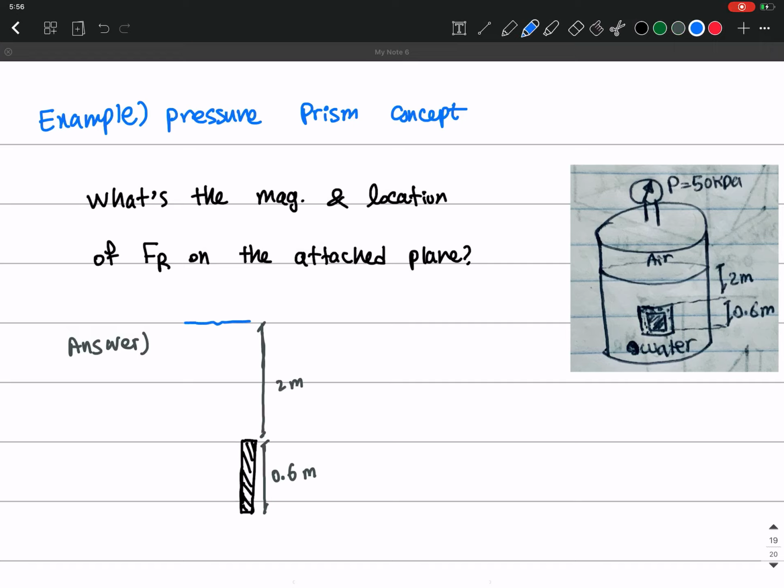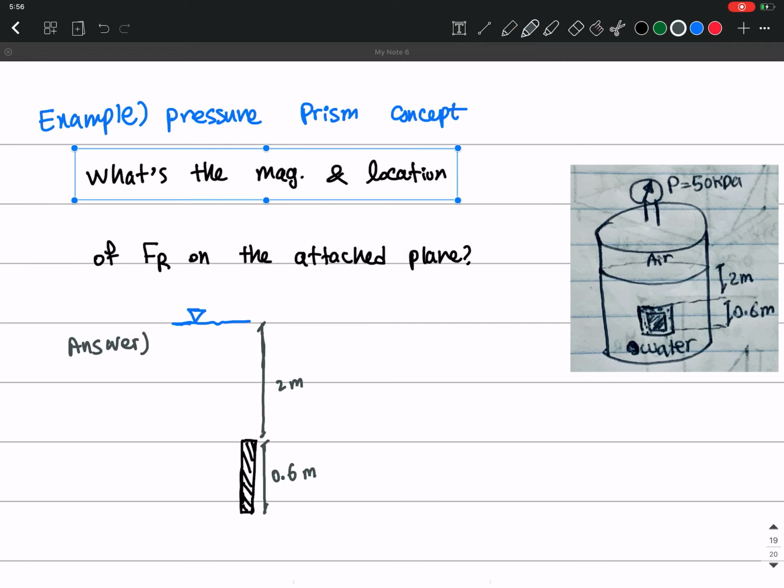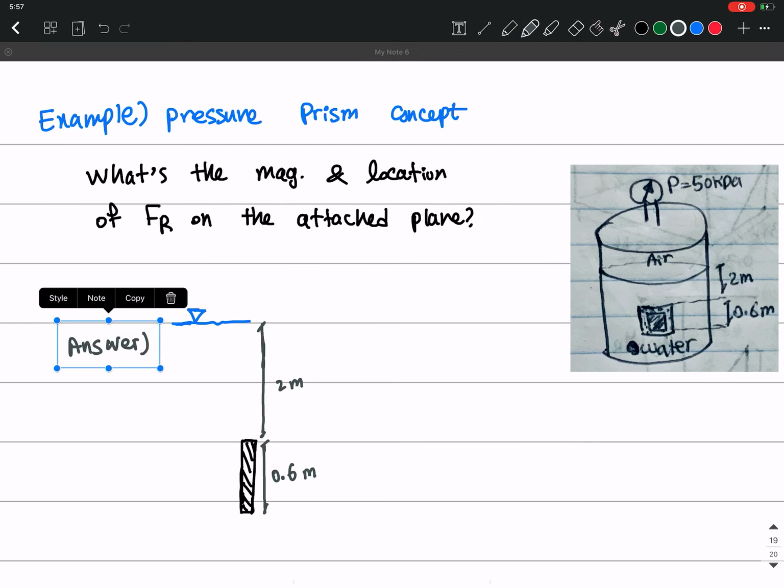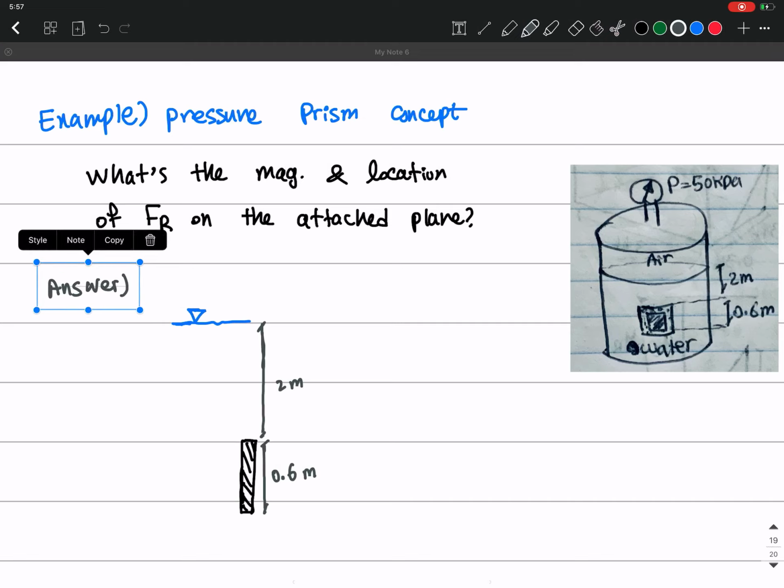We have some water on top, and then here we have the free surface, and then we also have the pressure on top of that, which is P equals 500 kilopascal, which is given to us from the problem here, right?